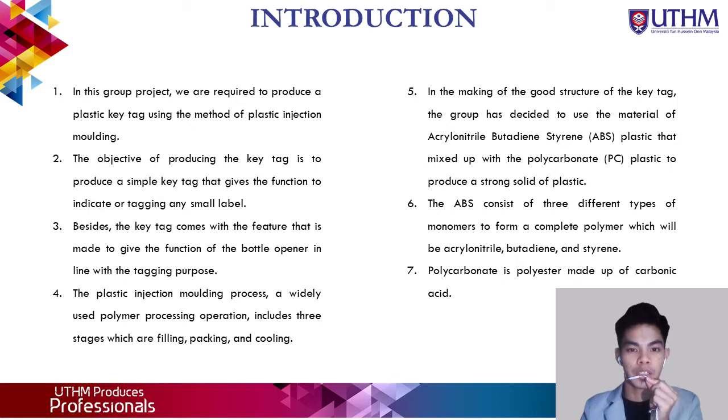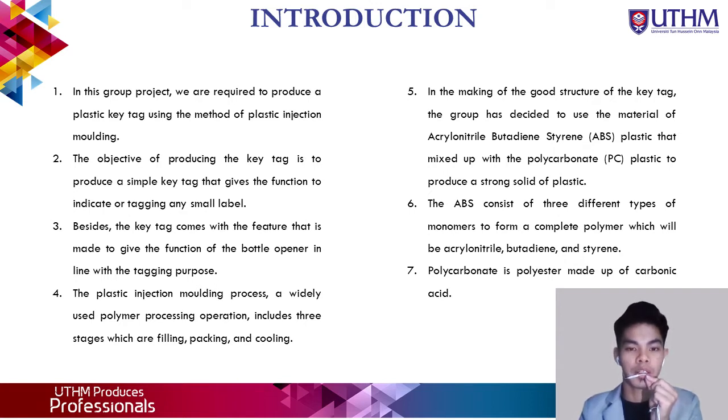And then the plastic injection molding process, a widely used polymer processing operation, includes 3 stages, which are filling, packing and cooling. The additional design made by our group gives the key tag an additional function, which is as a bottle opener. So our key tag is a 2-in-1 product, a key tag and also a bottle opener.